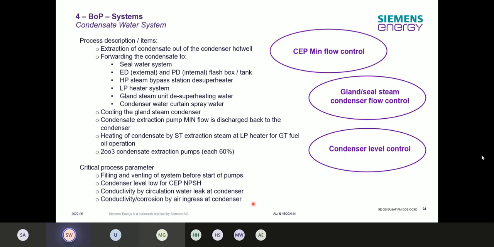And this, of course, we want to avoid, and therefore these will be checked and controlled, and you will normally get the warning then, conductivity high, and then it's written in, you are allowed to run for a certain time with the steam turbine, and when the conductivity is getting too high, you need for sure to switch off the steam turbine to avoid any damage on the machine.